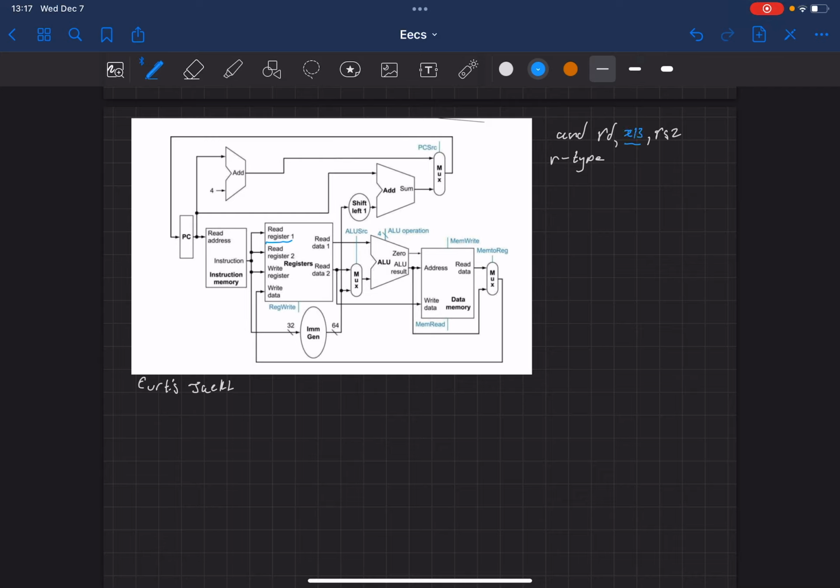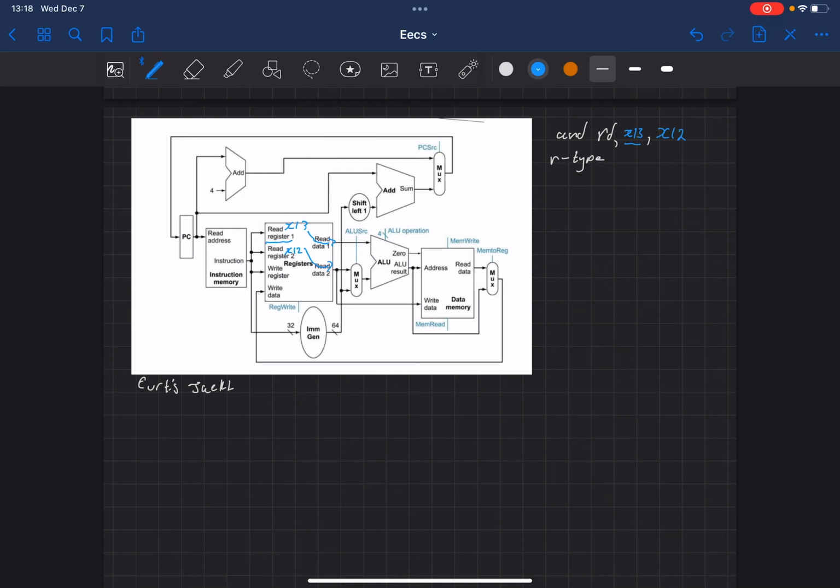And the other can be X12, so read register 2 is X12. Now those two registers are going to have some binary integers, or just some binary bits there, and it's going to go in here and it's going to go in here.